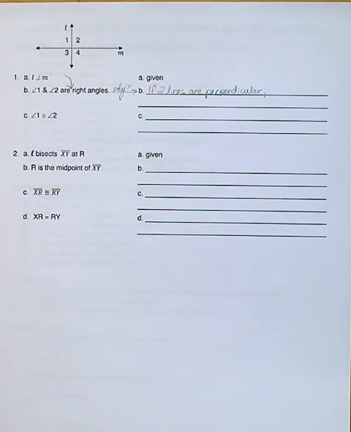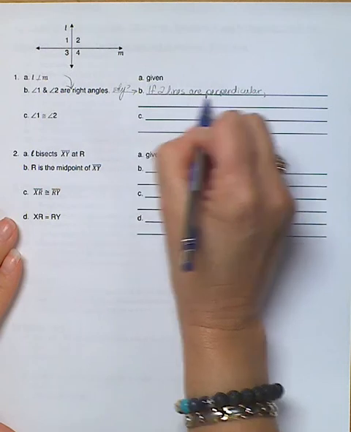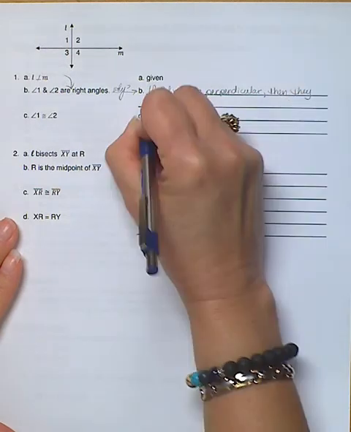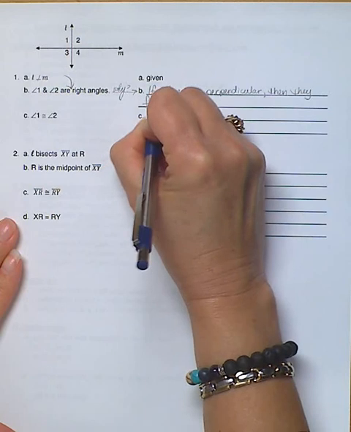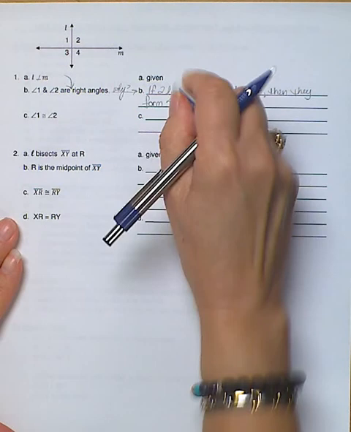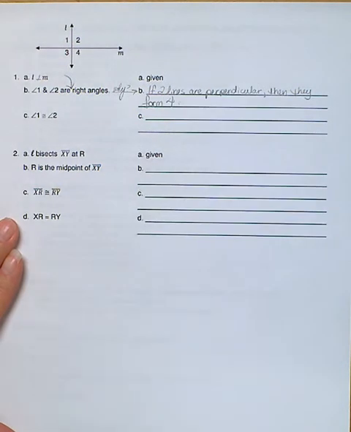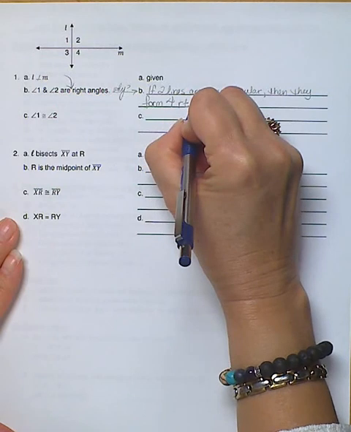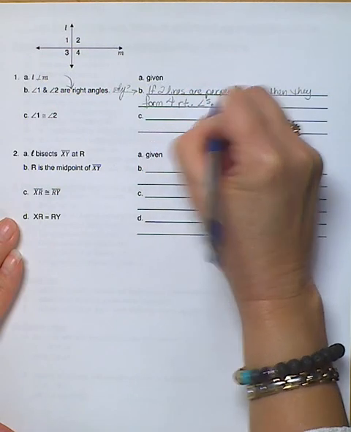So if two lines are perpendicular, then they form 4 right. Oh, whoops, I've never told you that. The abbreviation for right is just RT, so you can either abbreviate it or you can spell it out. So right angles. Okay. So if two lines are perpendicular, then they form 4 right angles.